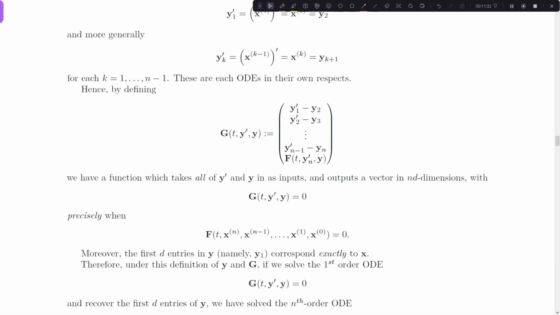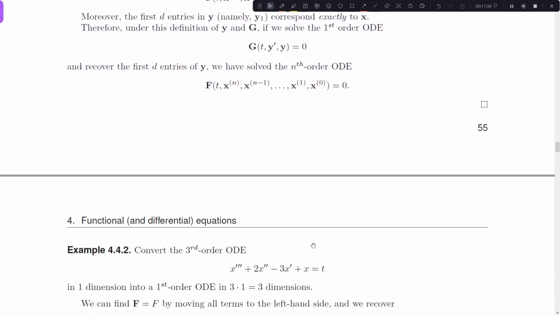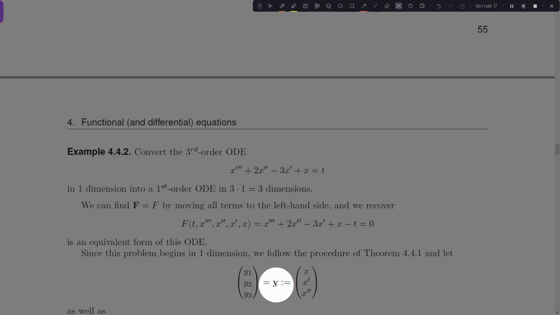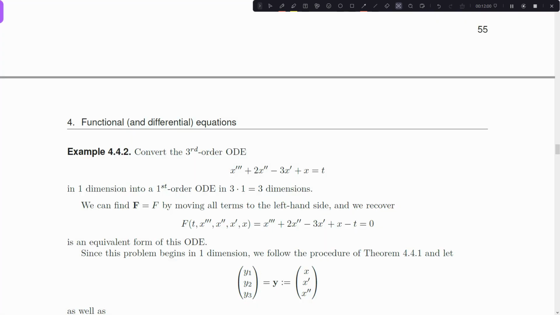Now all I have to do is follow the procedure as outlined in the theorem and define my y vector: the first entry is x, the second entry is x prime, and the third entry is x double prime. So I've defined a y vector to be the 0th, first and second derivative of x, but I'm renaming them y1, y2, y3.